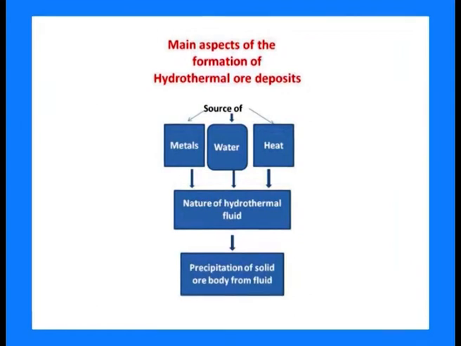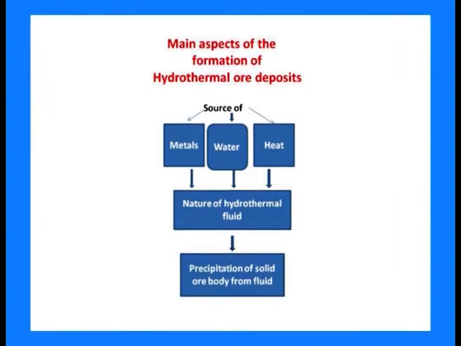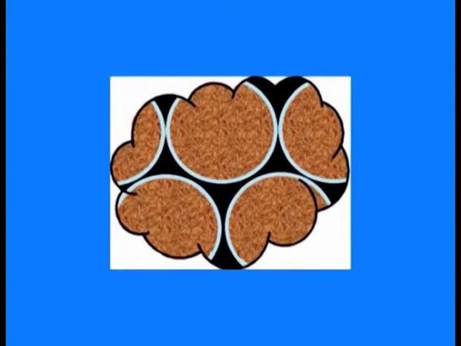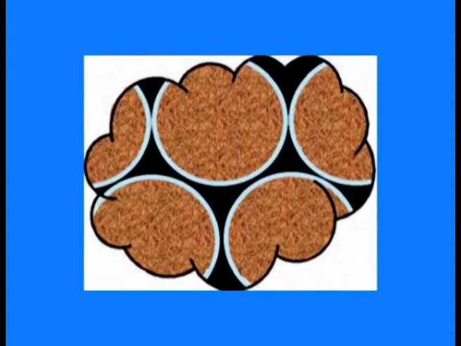Fluids, mostly water, may be of diverse origin, including juvenile, that is dissolved in magma, connate, that is trapped in the sedimentary rocks since their deposition, it could be meteoric, that is from the surface, it could also be from sea or even metamorphic water.